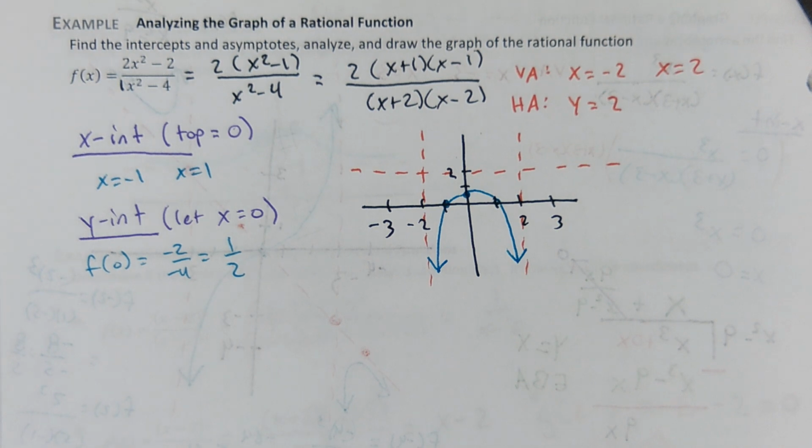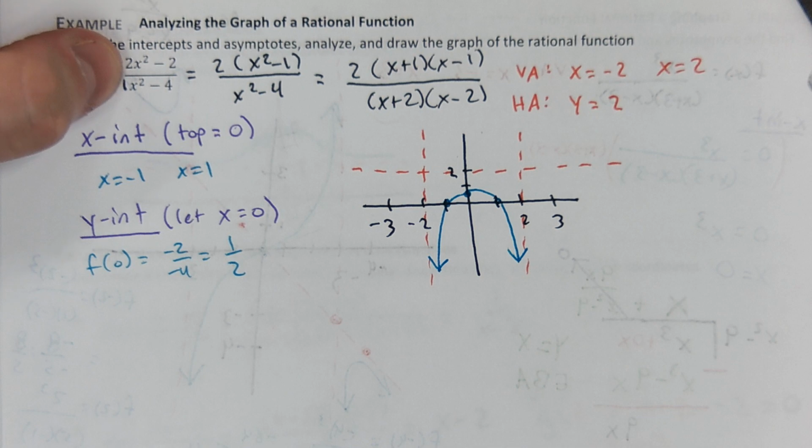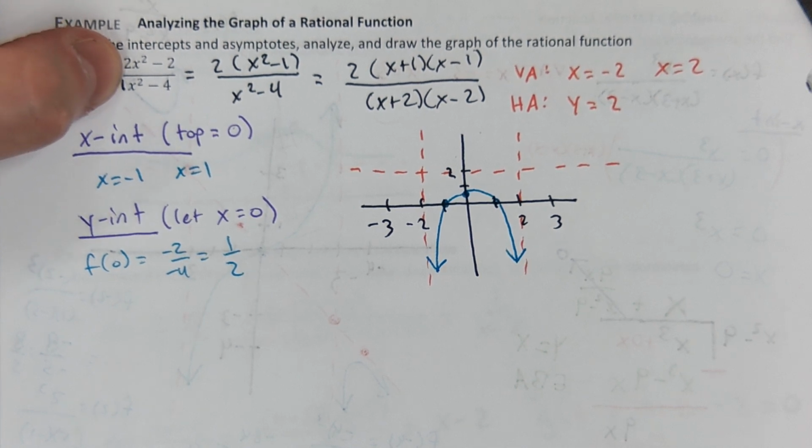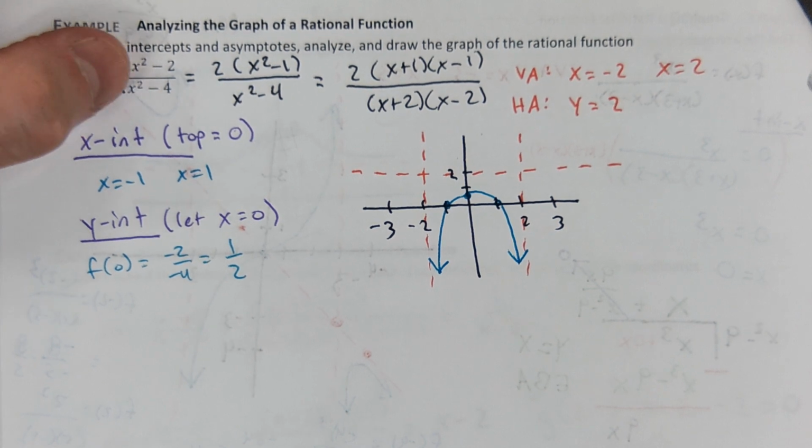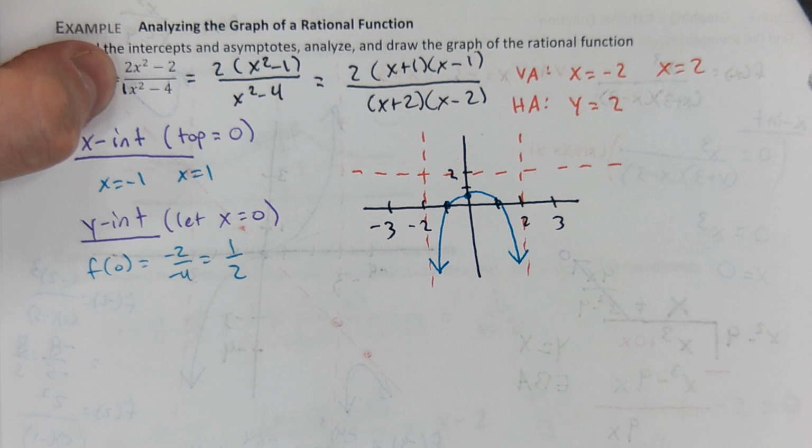And something that should make you pretty happy is that if you look over here, everywhere there's an exponent of 2 on it, that means it doesn't matter if x is positive or negative. I'm going to get the exact same y value. This is an even function. It's symmetric over the y-axis.